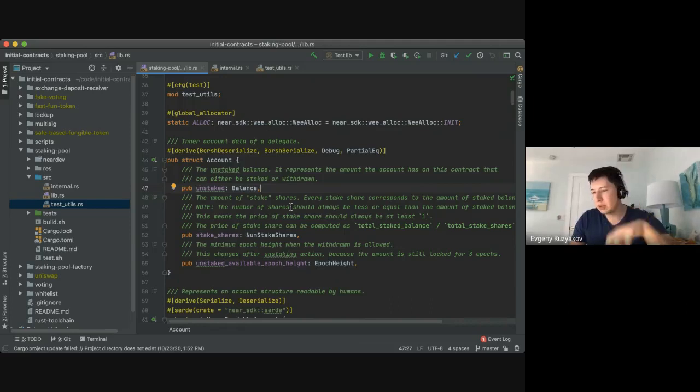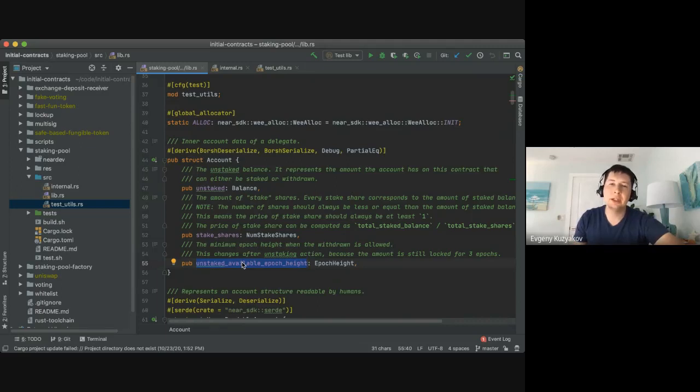But there's one caveat with this. If you call unstake at the last block of the epoch, the actual promise that does the unstaking will arrive at the next epoch, or the first block of the next epoch, and that will delay your locked balance becoming unlocked to 4 epochs instead of 3, because we recorded the epoch in a previous block, but the actual transaction happened in the next block on the next epoch.